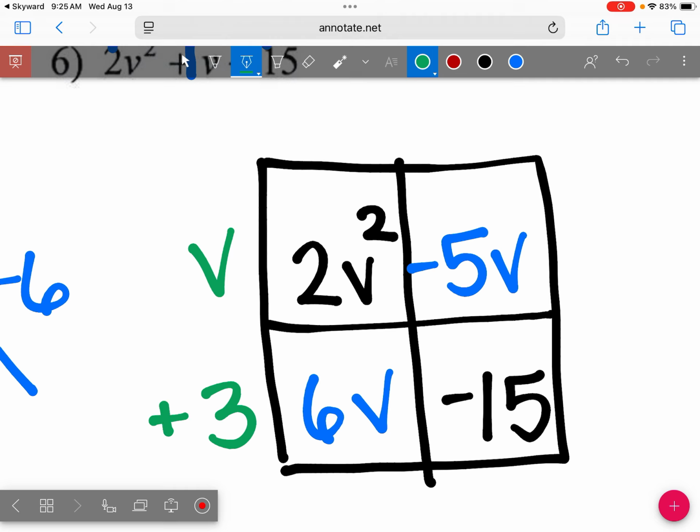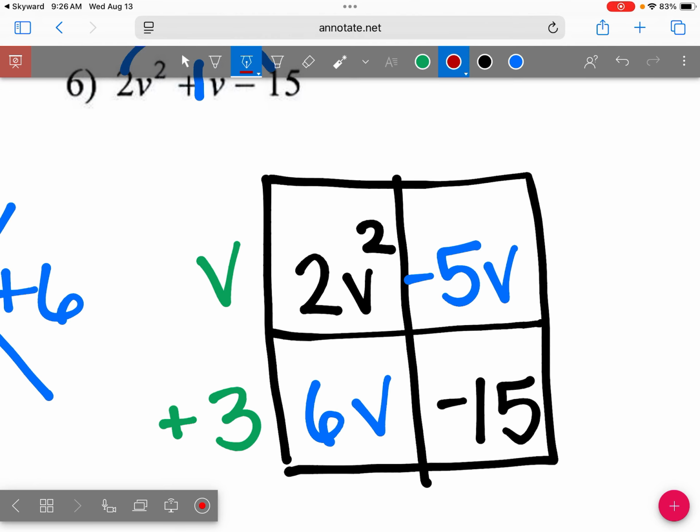All right, so now where you were, Tristan. This first column, I could take out a 2 and I could take out a V. What about the second column, 5 and 15? What goes into 5 and 15? Well, 1, but there's something bigger. -5, because you can divide them both by -5. When you use this method to factor, you can check yourself.